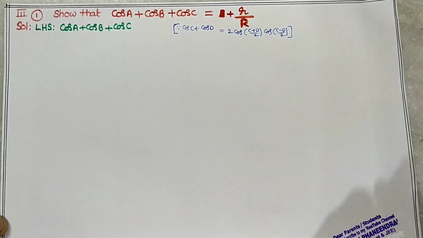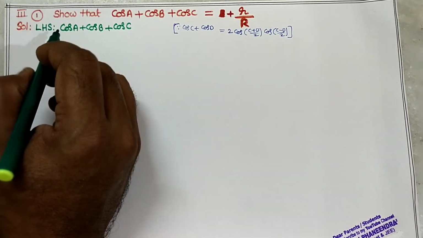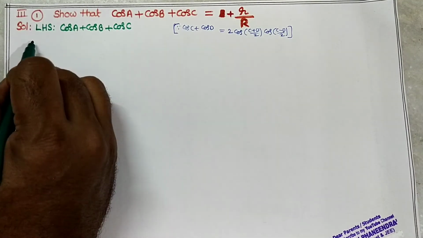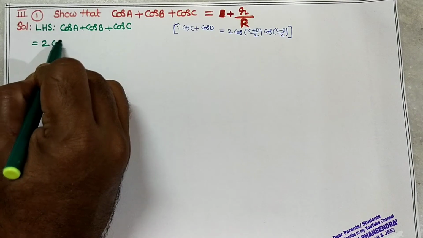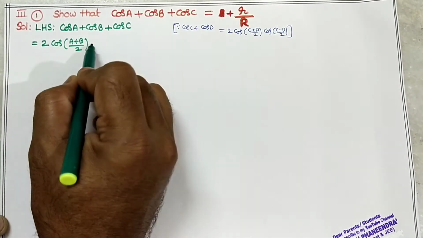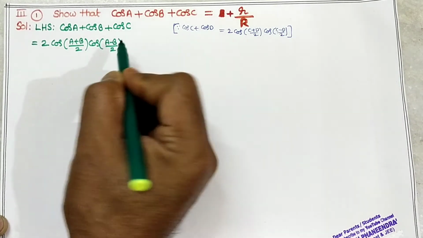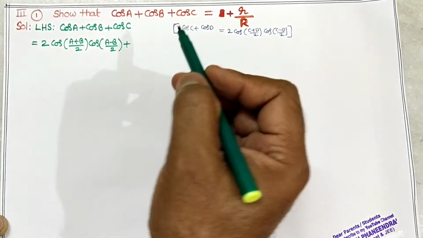So by using this formula, cos A plus cos B can be written as 2 cos of (A plus B) by 2 cos of (A minus B) by 2 plus cos C.